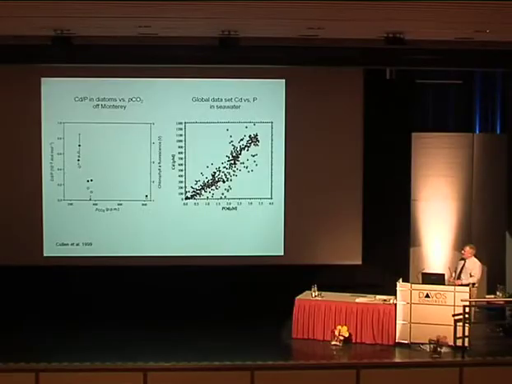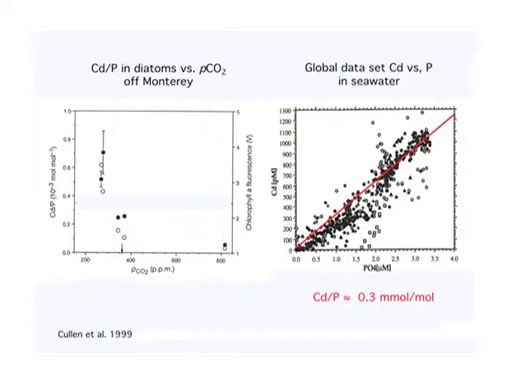Now, one can play some games with that, and you might decide whether they're useful or not. Here's a global correlation between cadmium and phosphate in the world, and I'm going to be very rough, but I'll put a straight line through that. I'll simplify the problem and tell you that the slope is on the order of 0.3 millimole cadmium per mole P in seawater. It's sort of a Redfield ratio, if you want, of cadmium per phosphorus.